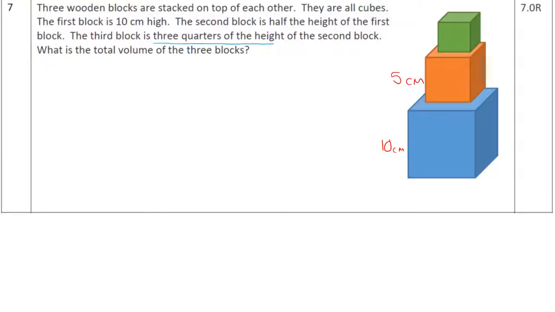The third block is 3/4 of the height of the second block. So what do we mean by that? Well, the second block is 5. If we've got 3/4 of it, then we're saying 3/4 times 5. We probably want this as a decimal, so do that on your calculator, and what you end up with is 3.75 centimeters.